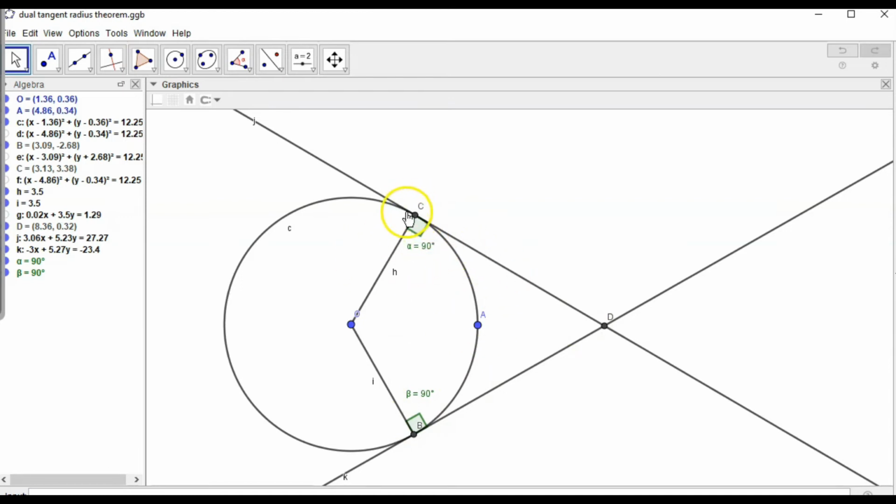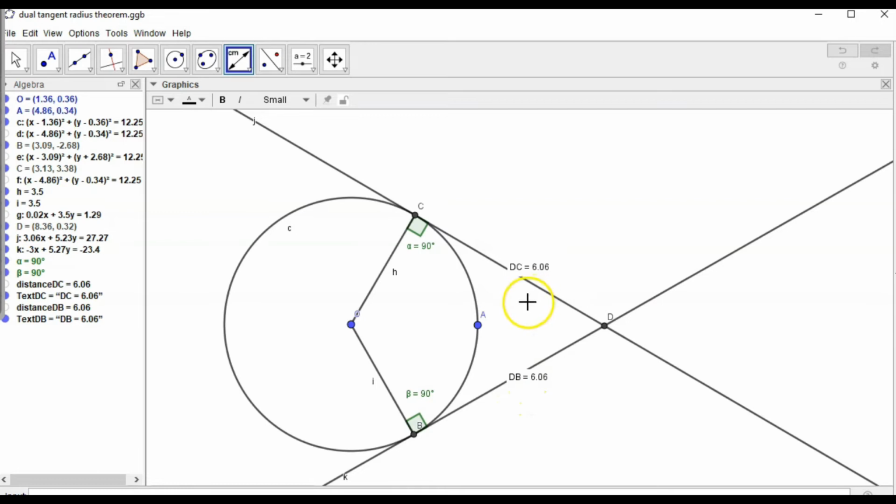Now, let's take the measurement for DC. Taking the distance of DC, you can observe it is 6.06, and likewise, taking the dimension of DB, it is also 6.06.